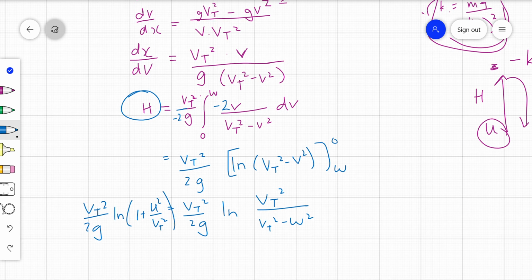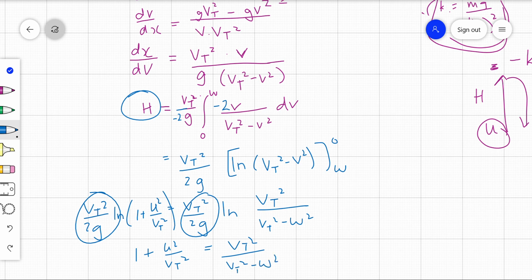Hopefully. Now you'll see that they both have this bit here, so we can divide through by that. And then we've just got the logs left, so we can exponentiate both sides. So what we've really got is 1 plus u squared on vt squared, which equals vt squared on vt squared minus w squared. So that's looking more like what we're trying to show, hopefully. And even actually I might make that vt squared on vt squared, so that we can just multiply across.